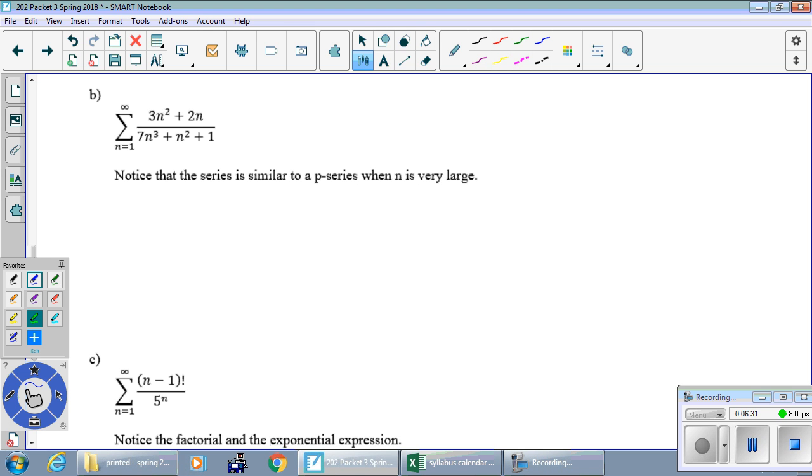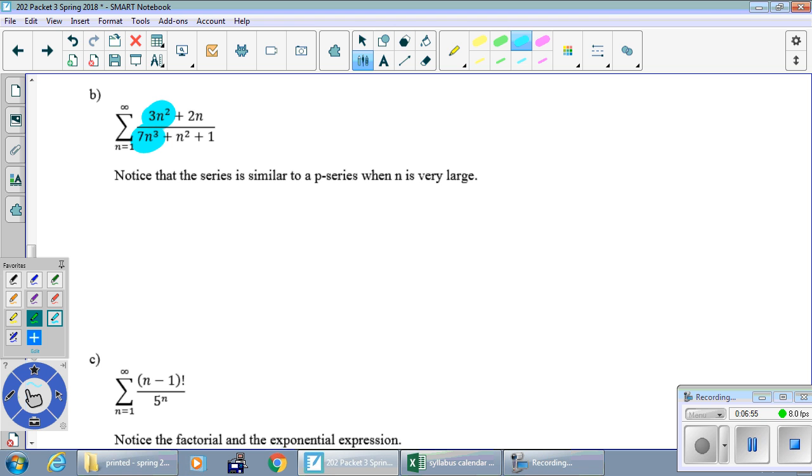Okay, next one, summation, 3n squared plus 2n over 7n cubed plus n squared plus 1. Okay, so in this case, polynomial over polynomial, that says to me we should be doing a limit comparison test. So first we're going to figure out what we think this series behaves like. So upstairs, everything other than the leading term is going to be inconsequential. So the leading term upstairs is 3n squared.